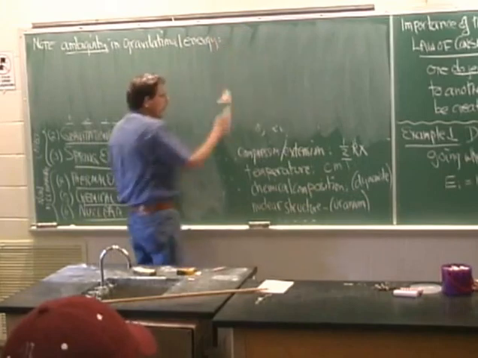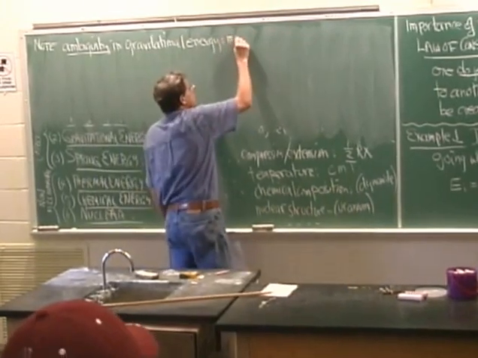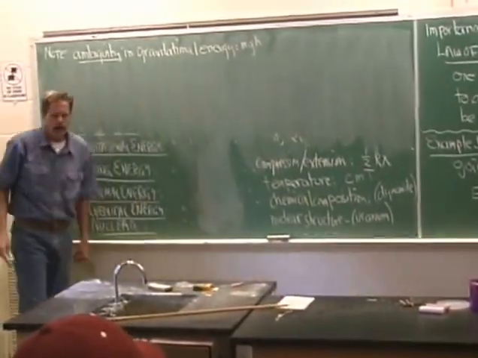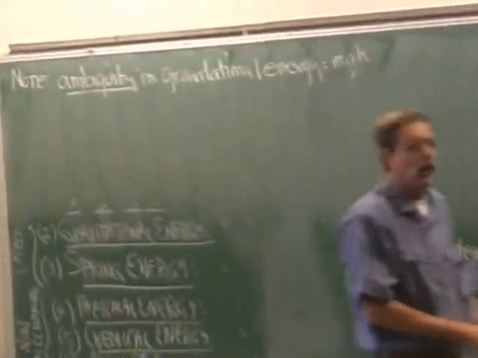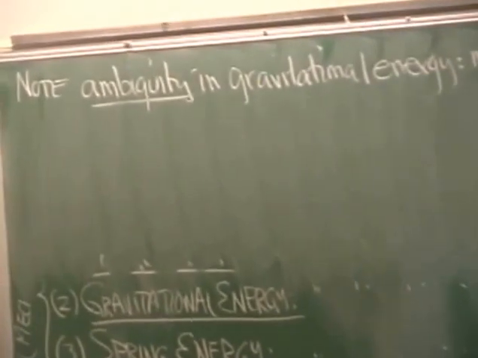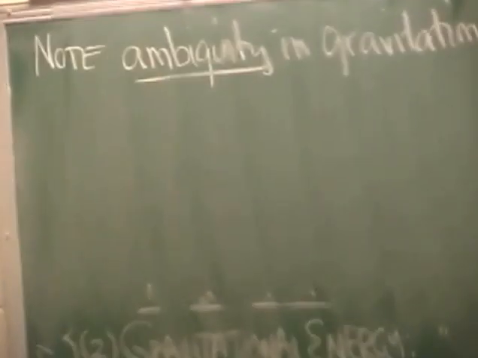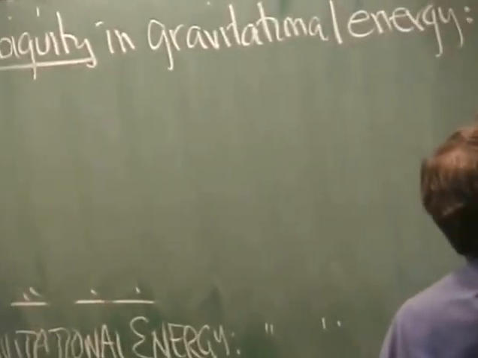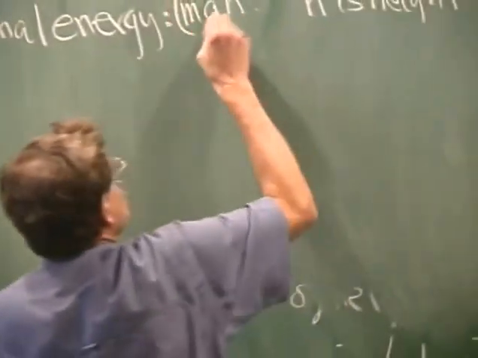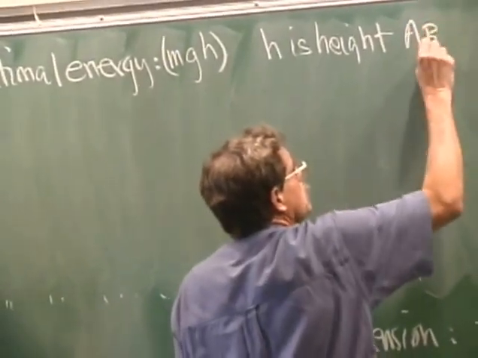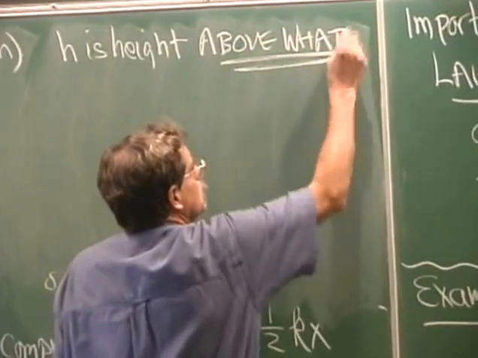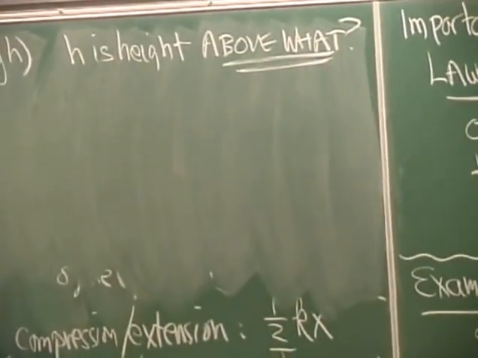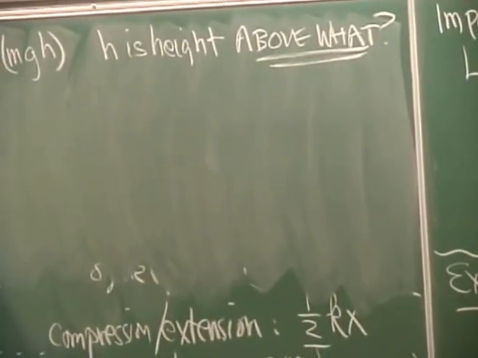In the mgh, h is the height above what? Height above the table, height of the sub. They told me, and it doesn't matter.